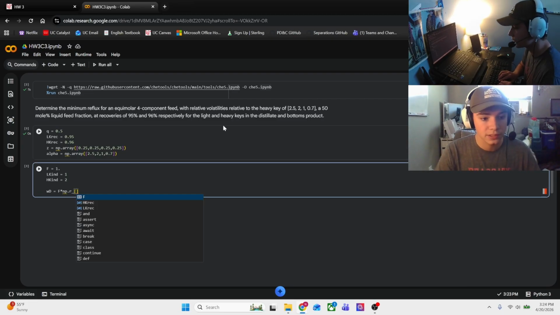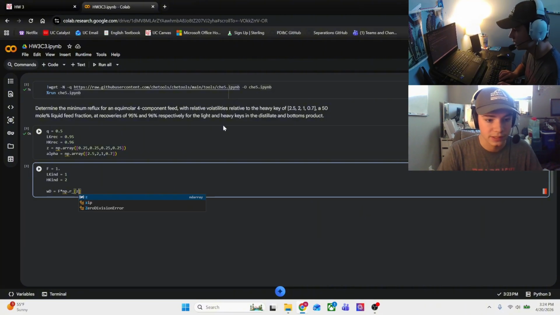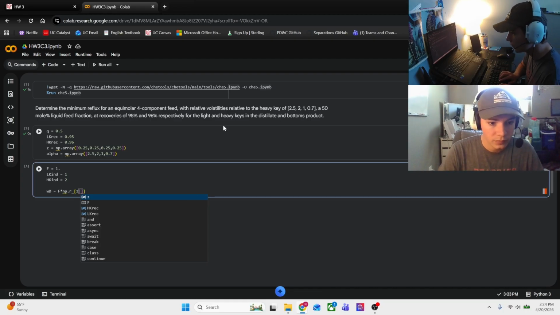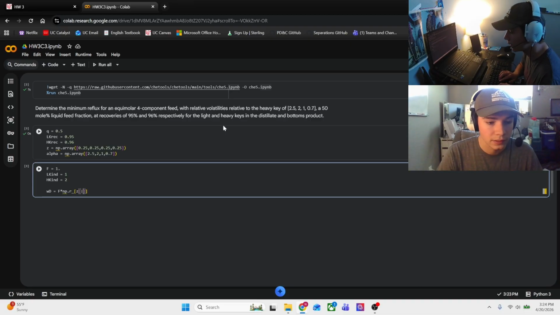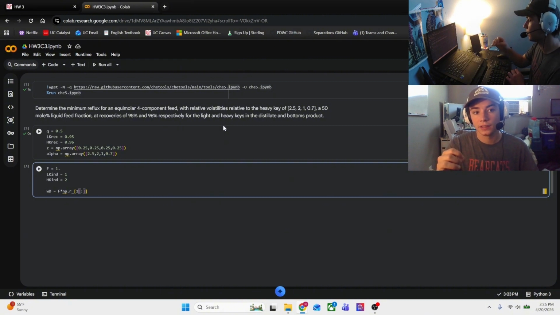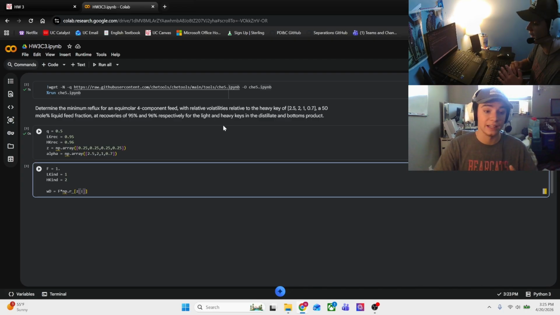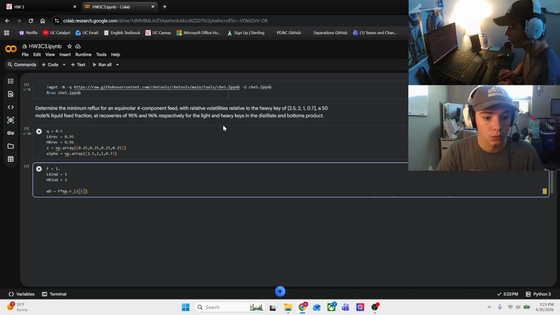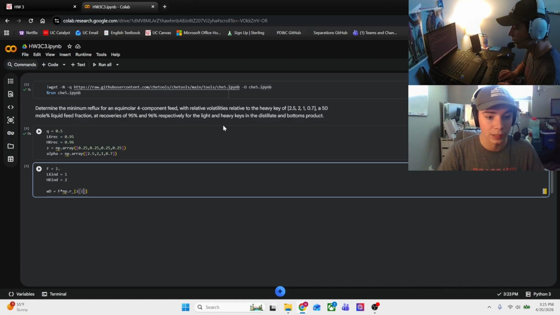The first part of this concatenated array is going to be our z at everything above our light key, because everything lighter than the light key is all going to go up into the distillate, and not all of the light key is going to go into the distillate. A little bit is going to be found at the bottom, but anything lighter than that light key is going to be going straight into the distillate. So we know that we don't need to subtract anything out. We can just say that it's all going to be going up into the distillate flow.